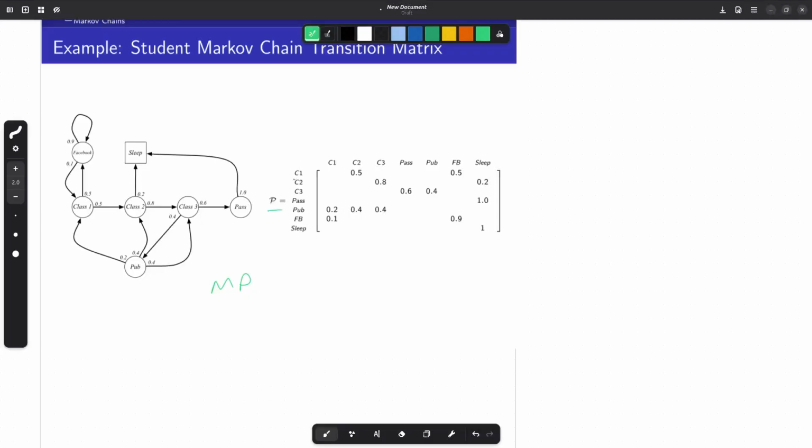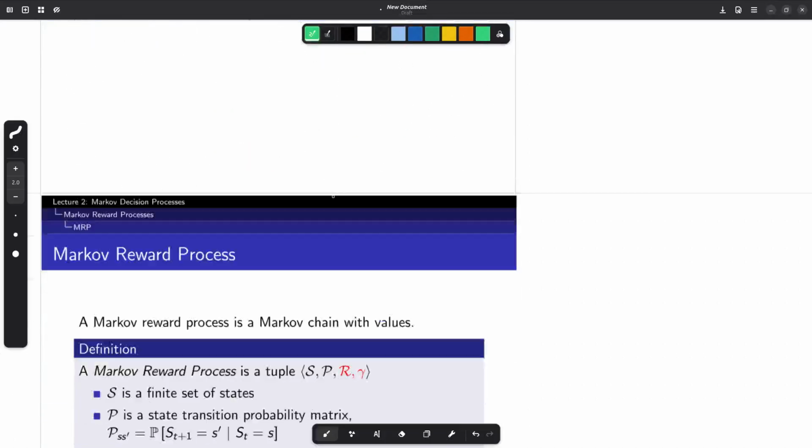For example, the transition probability between C1 and C2, class 1 and class 2, is 0.5, and all of the values that have not been shown here are 0. So you have 0 here, 0 here, 0 here, then 0 here, and 0 here. All of the empty spaces are zeros. So this is a Markov chain or Markov process.